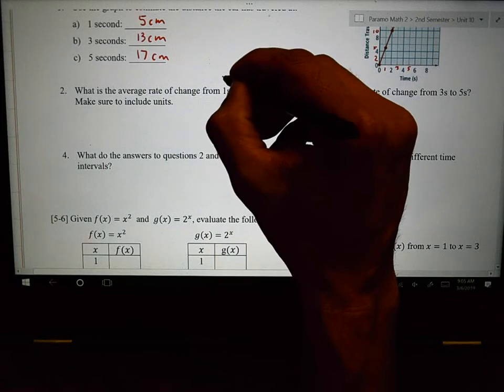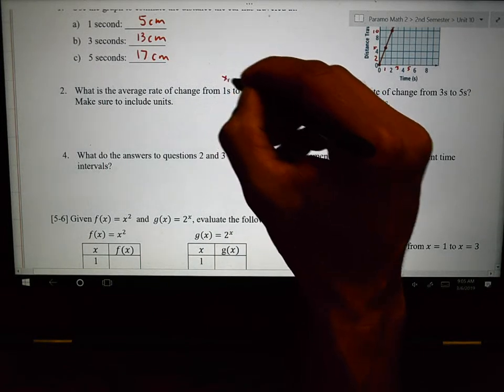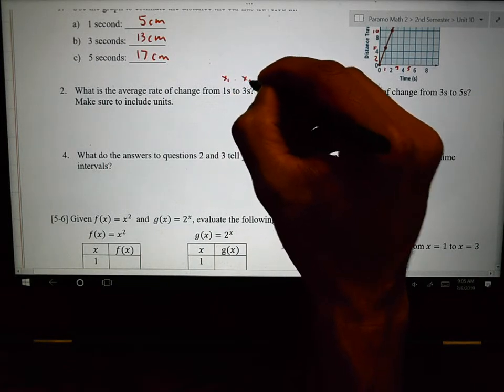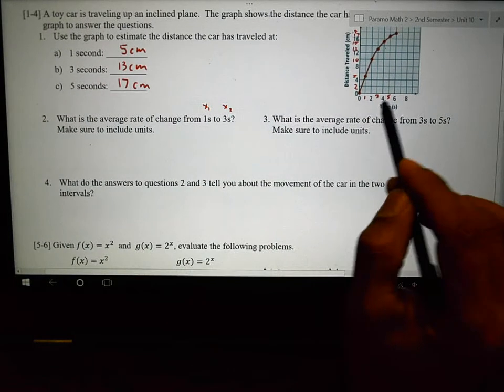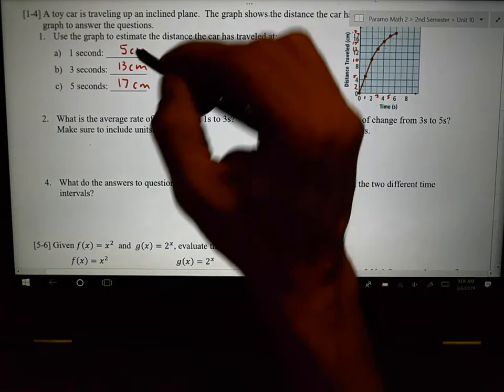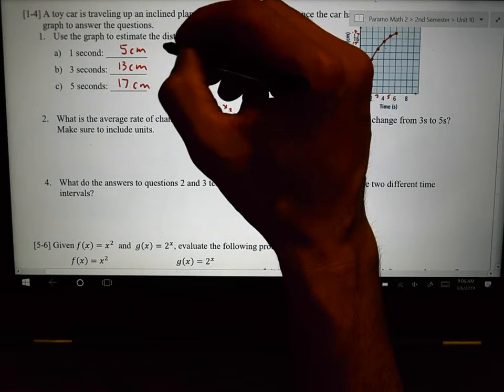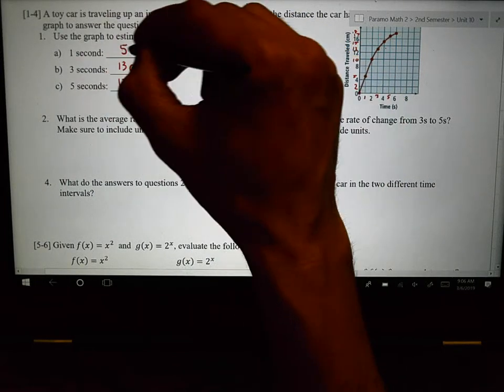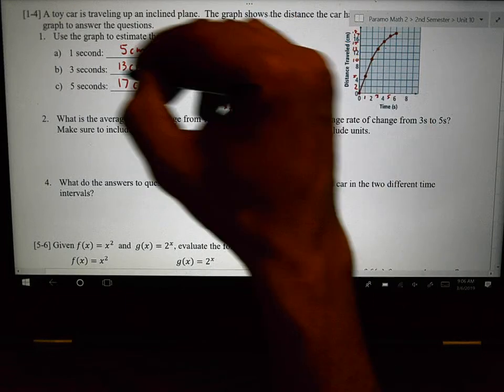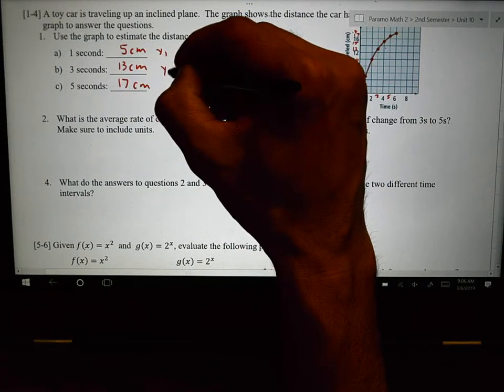Think of this as your x1. Think of this as your x2. Which means if this is your input, your output, this must be your y1, because that matches with the 1 second. And for the 3 seconds, this must be your y2.